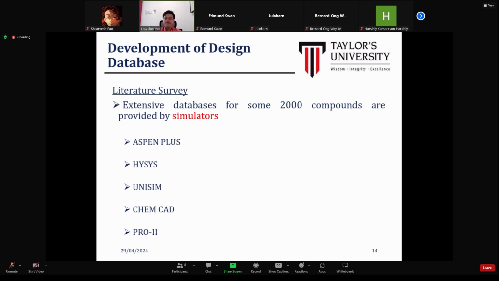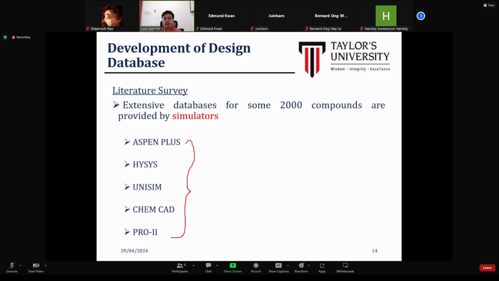If the data is not in a reference book or ebook, the alternative is to open the simulation software and retrieve the properties of the chemical or the product from it.